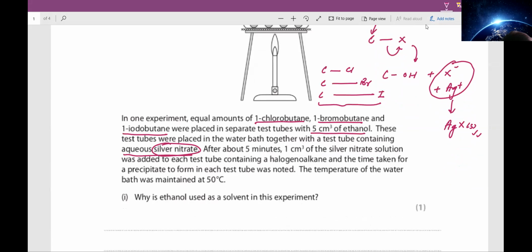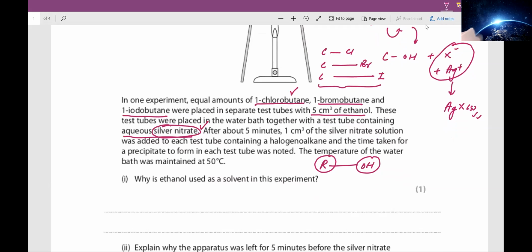Why is ethanol used as a solvent? Right now, you have an organic compound, you have some aqueous thing. So alcohol is used as a solvent because, as I told you, it contains the hydrophobic tail and the hydrophilic head. So it can dissolve both the organic compound and the silver nitrate solution well, okay? So that's why we use ethanol as the solvent.